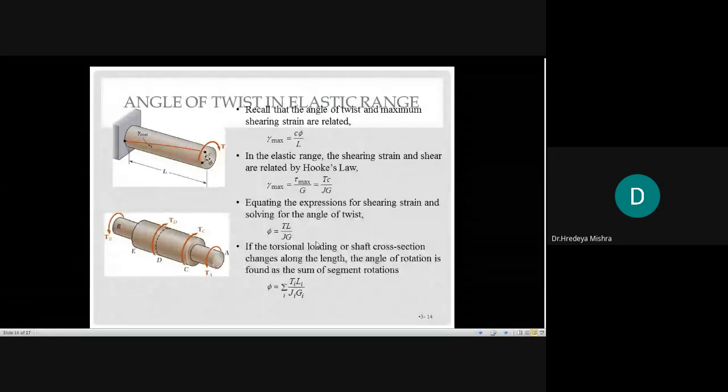So see here, we have T1 L1 J1 G1. There are three sections, 1, 2, 3. We just sum these up and we get the different values here. So we stop here today, and if you have any questions then you can ask.